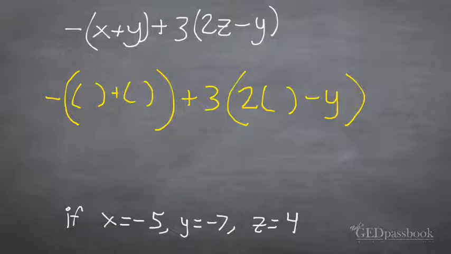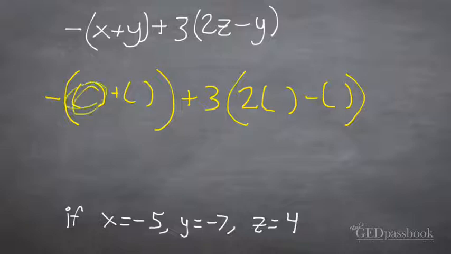The y is a variable, so I've got to put parentheses. So all I did here, and it's a good habit to have, is rewrite the whole expression, but in place of all the variables, put parentheses around its spot. Because now I'm just going to get the values of x, y, z and put them into their designated spots.